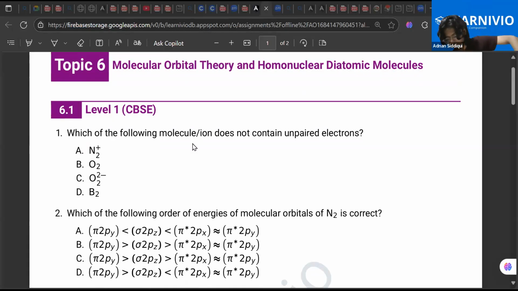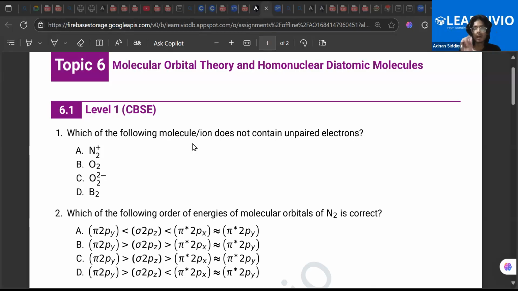We call them para. So how do you know whether a molecule is paramagnetic or diamagnetic? After drawing the molecular orbital theory, counting the total number of electrons. So to answer these, you have to draw the molecular orbital theory.